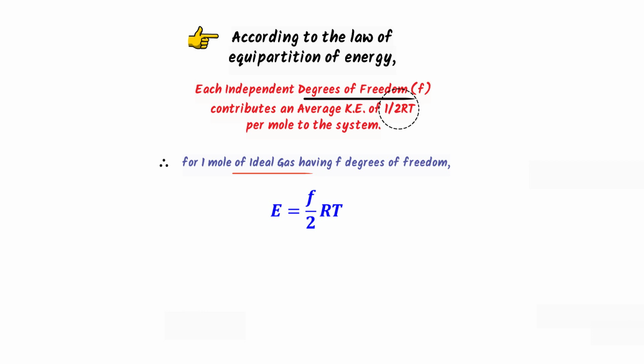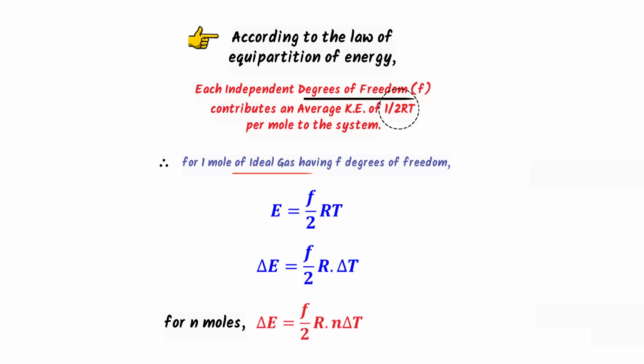So the internal energy will be contributed by the kinetic energy only, and that's equal to F by 2 into RT. And as internal energy is a function of temperature only, therefore delta E will be equal to F by 2 R into delta T. For n moles, delta E will be equal to F by 2 R into n into delta T.